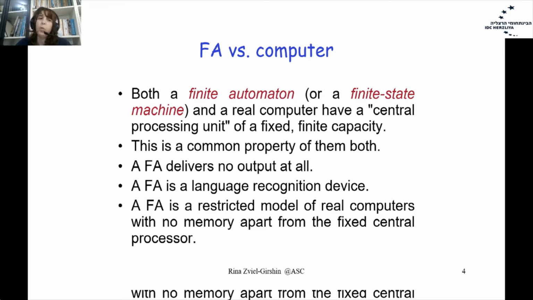In finite automaton, we don't have any output at all. Finite automaton is basically not a computational device, but a language recognition device. Finite automaton is actually a very restricted model of the modern computer with no memory apart from the fixed central processor or fixed memory that we have.